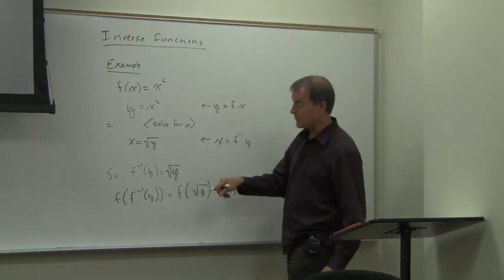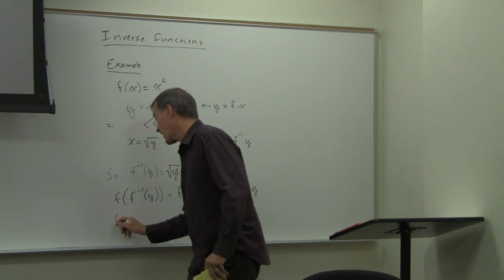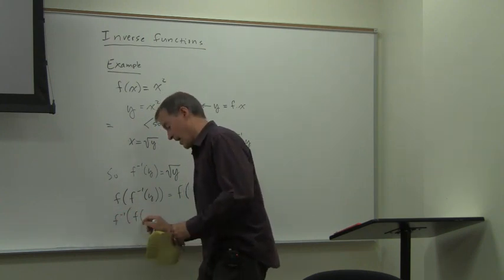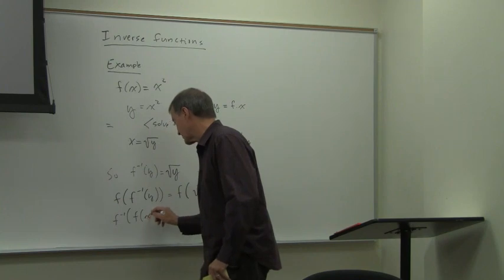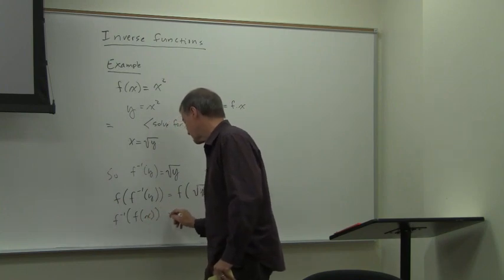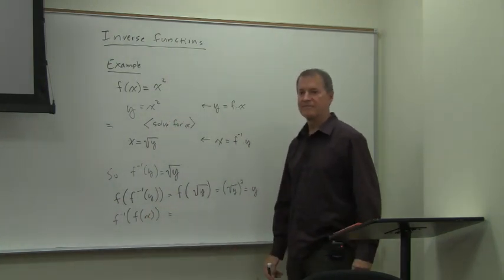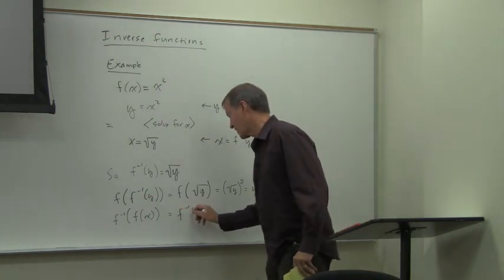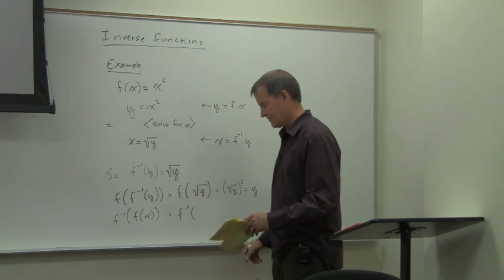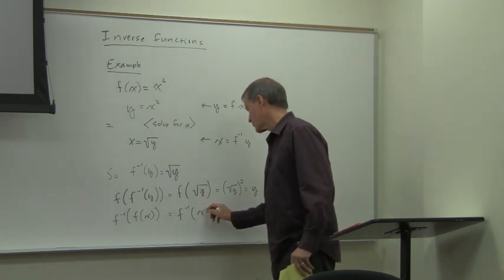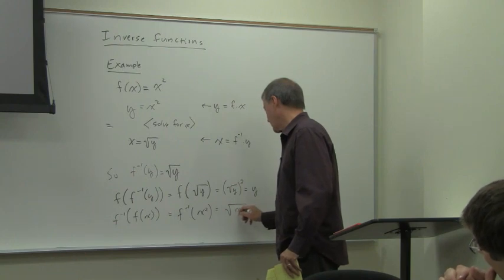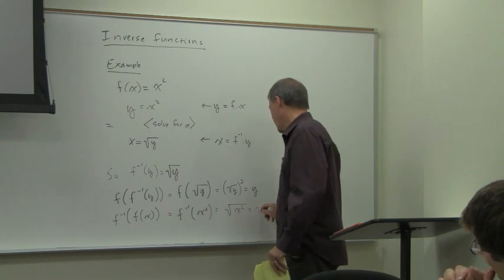But it also works the other way around. What happens if you have f inverse of f of x? It's the inverse function of x squared, so this would be the square root of x squared, which would be x.